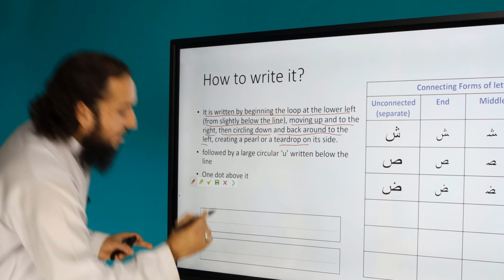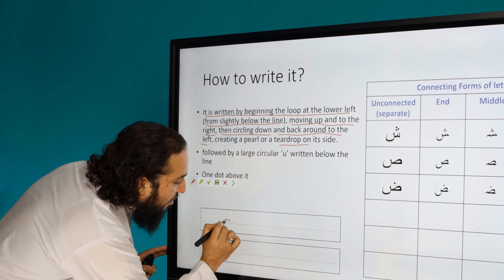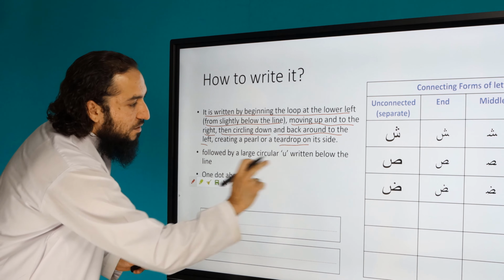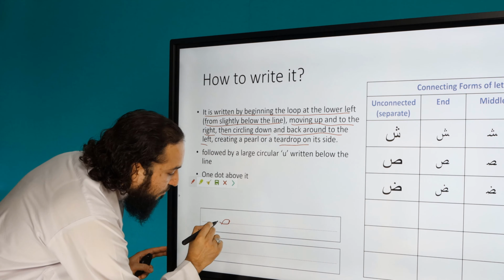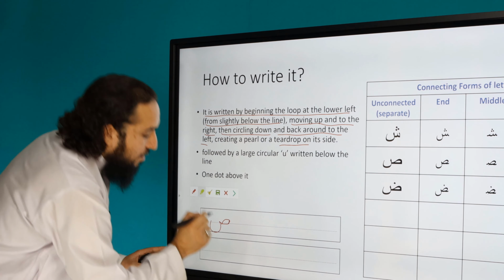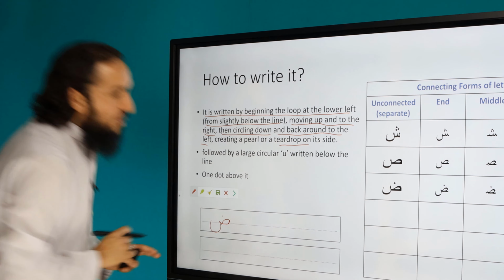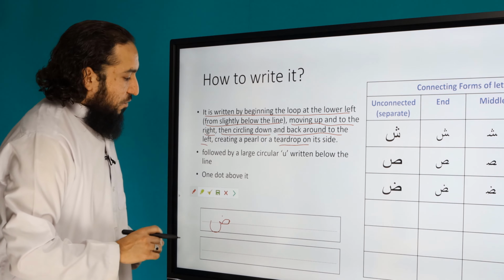So we start here, up, round, back to the left, and then at the end we include a large circular U, and then one dot above it.